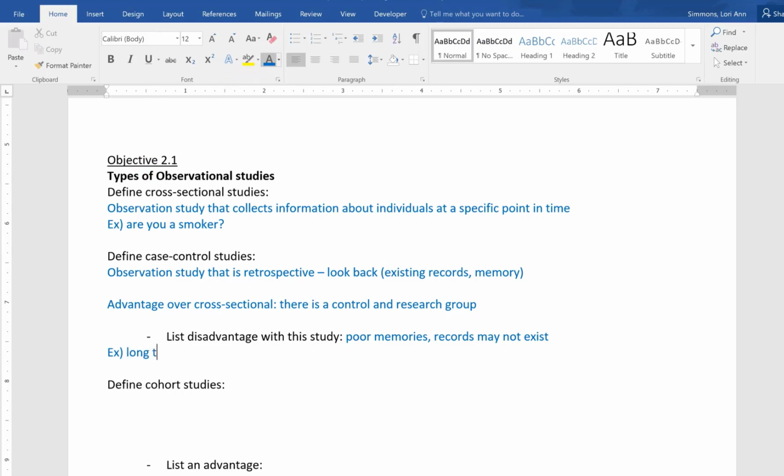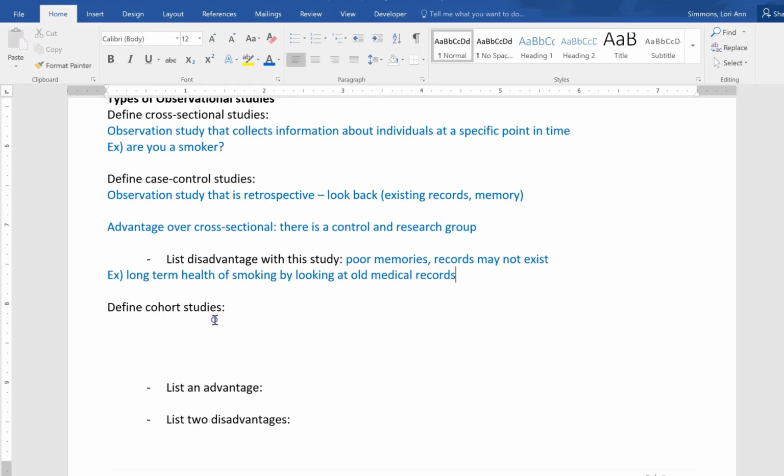The long-term health of smoking by looking at old medical records. So anytime when they talk about history or the past, that's going to be case control because it is retrospective, looking back in time.